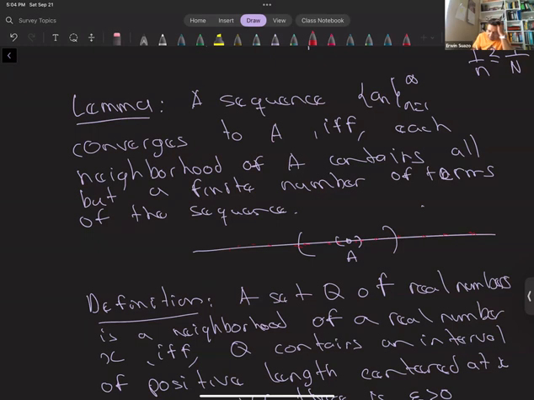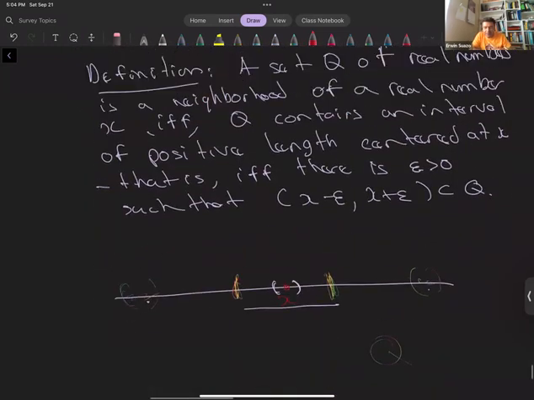Any little interval containing A will contain most of the sequence if the sequence is converging to A. That sometimes is called the limit point. Limit point has another concept, but it is probably better not to mix those things up. So the sequence is converging to A, and any neighborhood contains most of the sequence, except for a finite number. Okay, so that's a lemma.